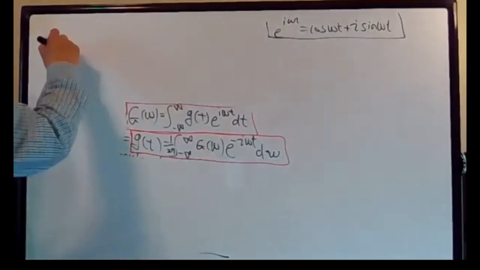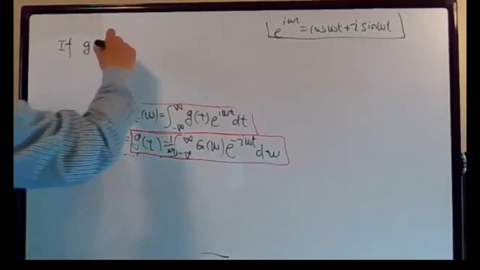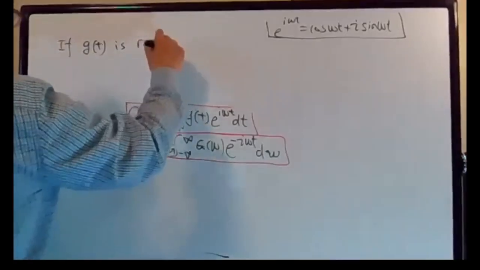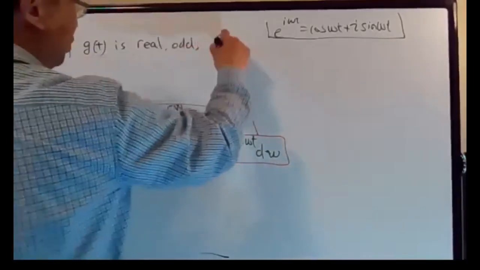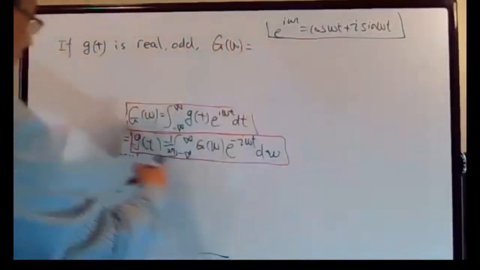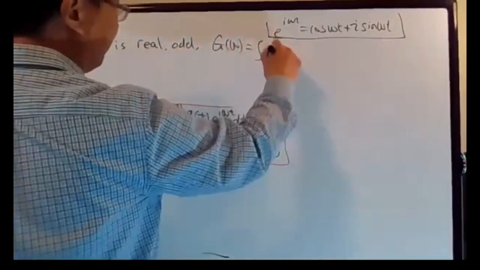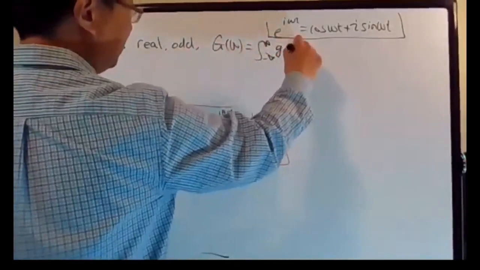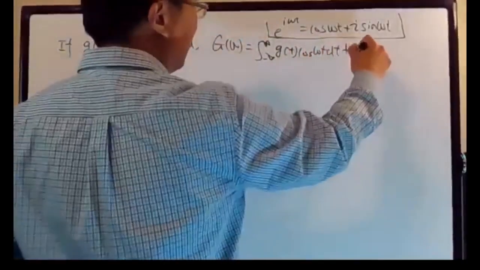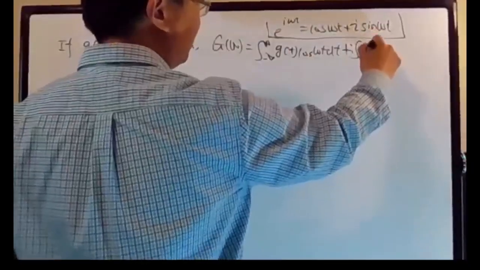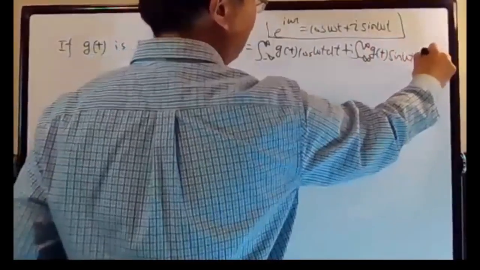Okay, let's say if little g(t) is real and odd, and then G(omega) is the integral from negative infinity to infinity of g(t) cosine omega t dt plus i times the integral of g(t) sine omega t dt.